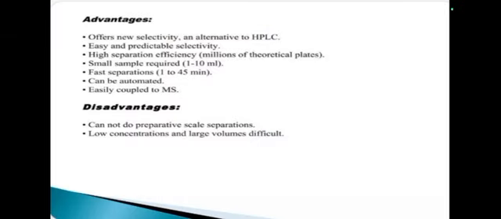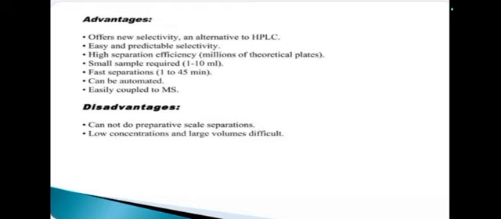Next we saw the advantages and disadvantages of capillary electrophoresis. Advantages: can be automated, easily coupled to MS, fast separations, small sample required, high separation efficiency, and easy and predictable selectivity.